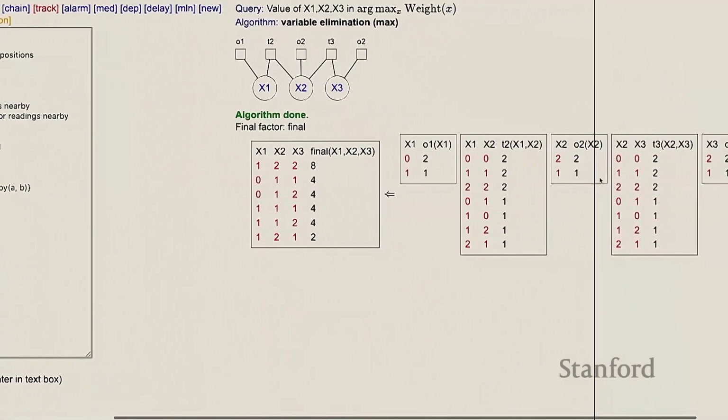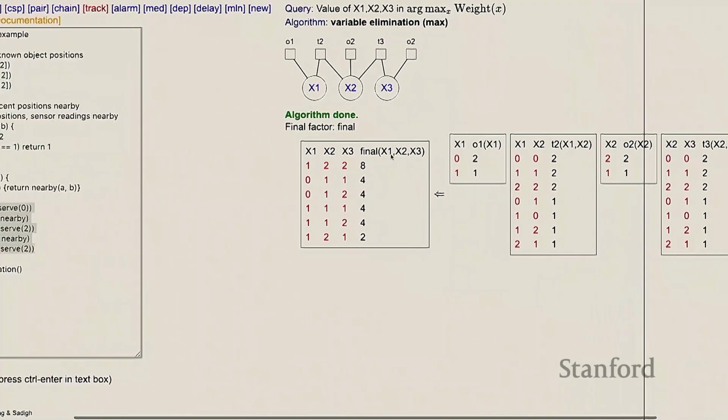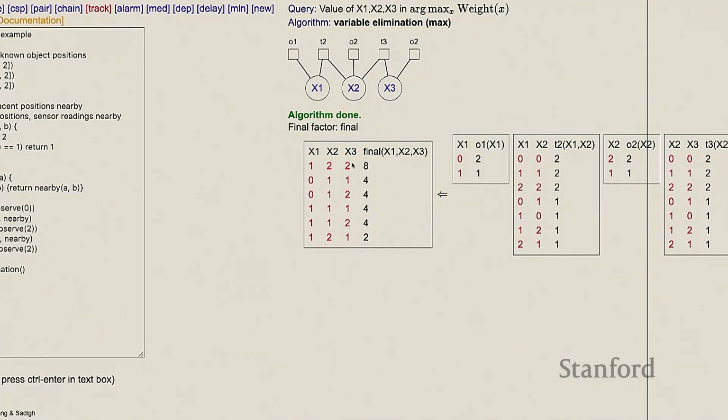There's actually a lot of output here, and I'm going to ignore most of this for now. I think the thing that is important here is that we ran backtracking search, and we found the optimal assignment. In this case, it's 1 for x1, 2 for x2, and 3 for x3, which gives us a final weight of 8.